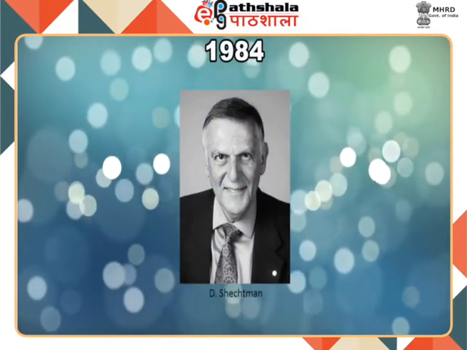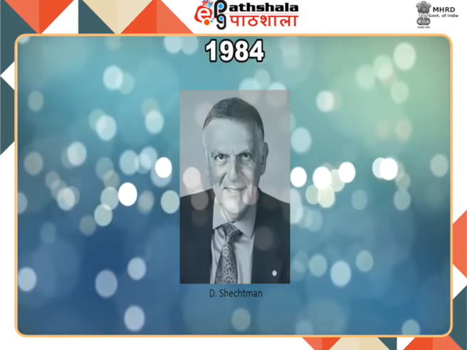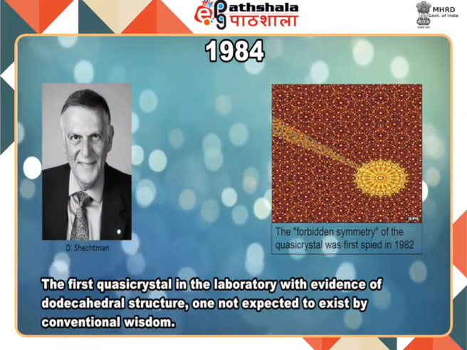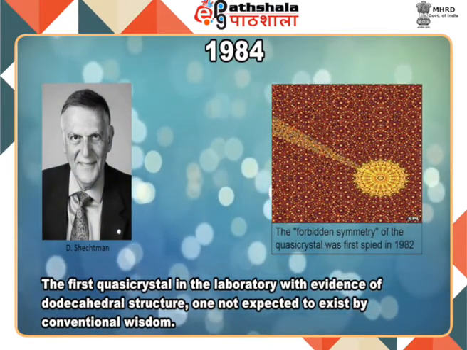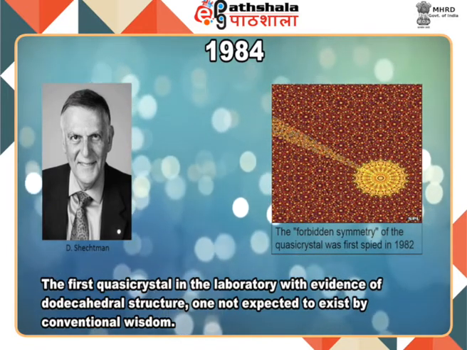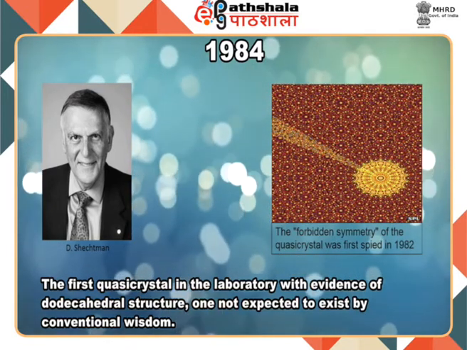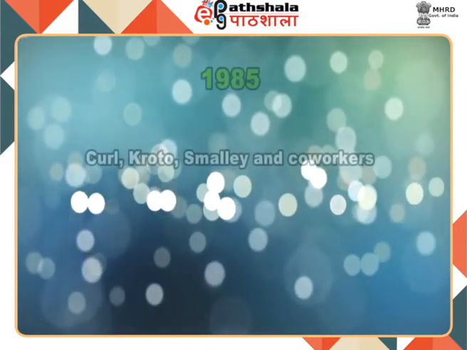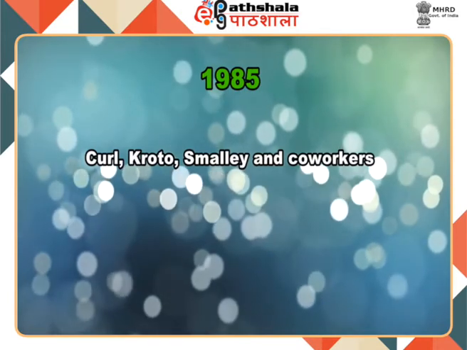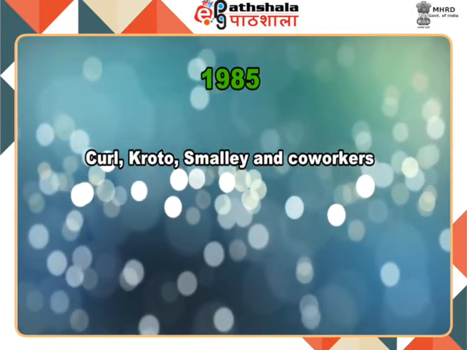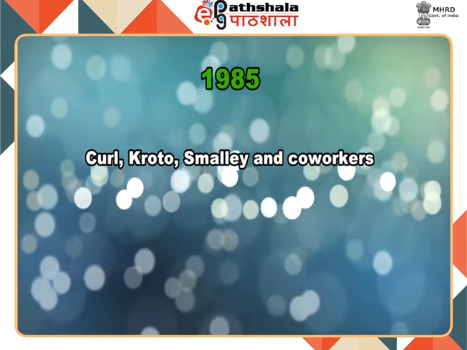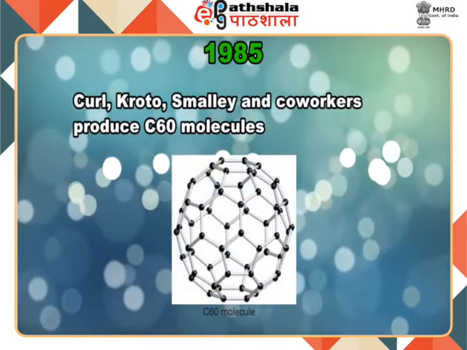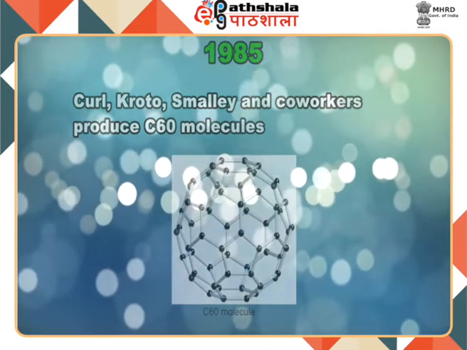In 1984, D. Shechtman found the first quasi-crystal in the laboratory with evidence of icosahedral structure, one not expected to exist by conventional wisdom. And finally, in 1985, Curl, Kroto, Smalley, and co-workers produced the first observed C60 molecules.